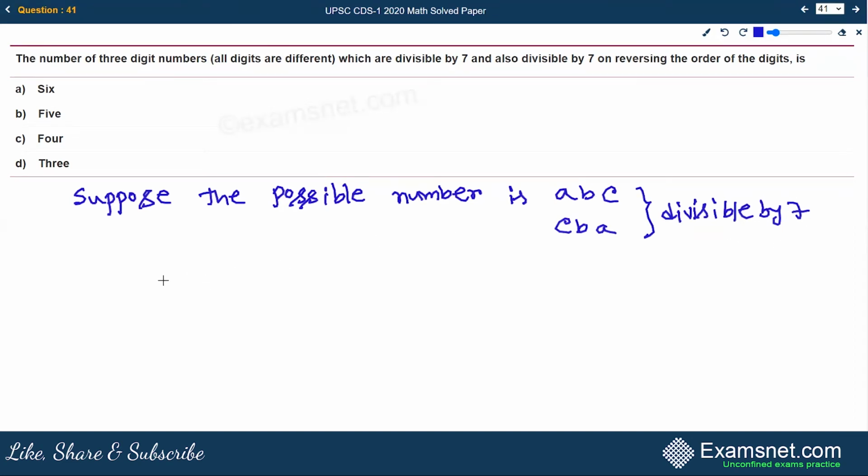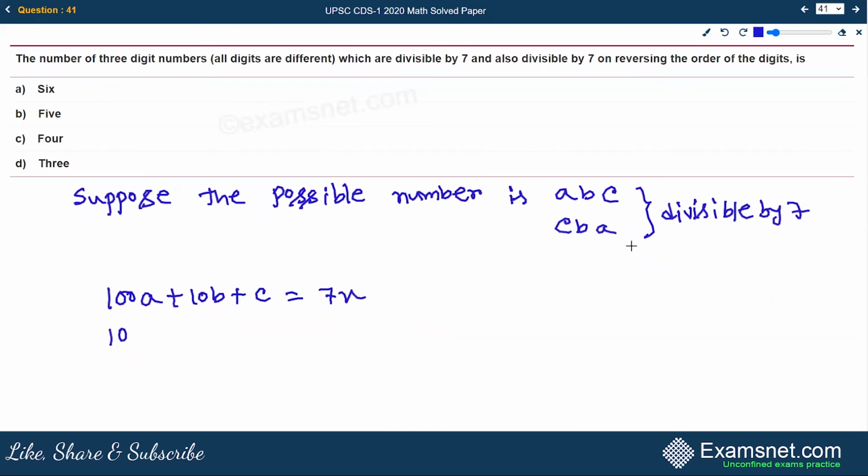Now in expanded form, we can write the number ABC as, since A is in the hundreds place, B in the tens place and C in the ones place, 100A plus 10B plus C equals, since this is divisible by 7, 7 multiplied by another number, let's say 7x.